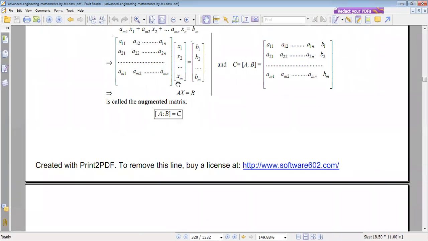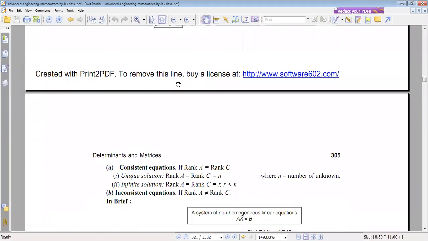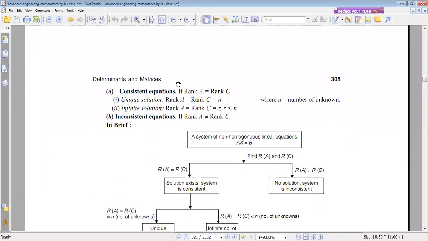If these are equal to the number of unknowns, then we can say that the system has a unique solution. Suppose rank of A is 3, rank of C is also 3, and the number of unknowns, x, y, z, is 3.